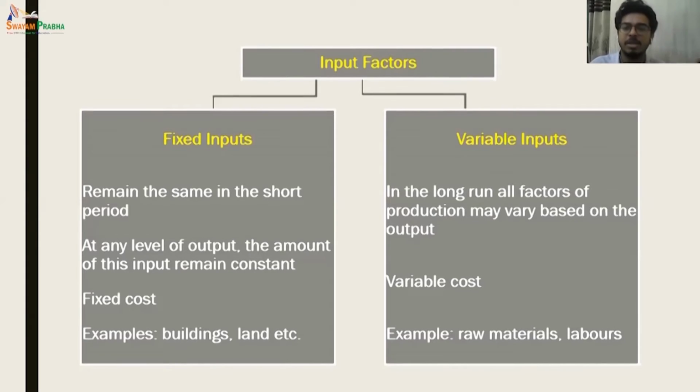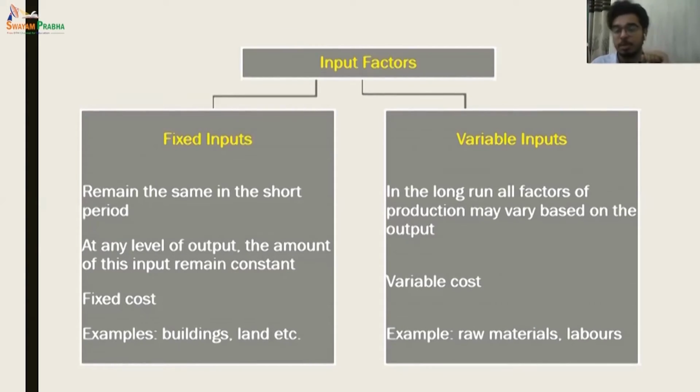Your kitchen number is the same. You can only change the number of chefs. Because the kitchen number is the same, the rent you are paying for that kitchen is the same. So it is known as fixed cost, such as building, land, or the kitchen you have taken. If you are paying 5,000 for that kitchen or a shop, that is fixed.